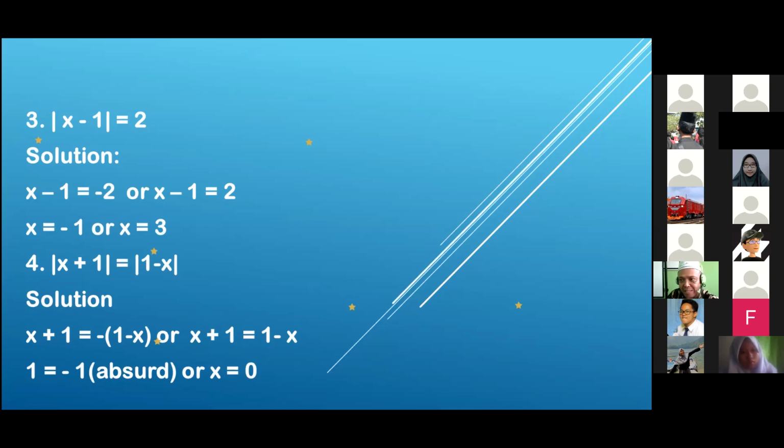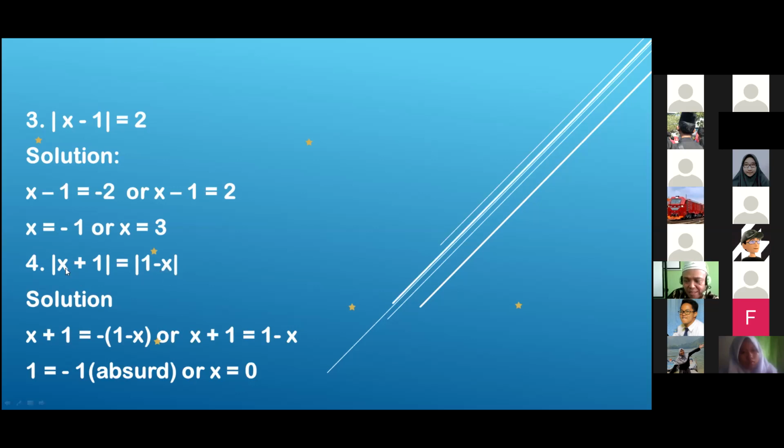To make sure this is the solution, you can substitute 0 for the variable x. Please replace x by 0. If we replace x by 0, 0 plus 1 is 1, and 1 minus 0 is 1.